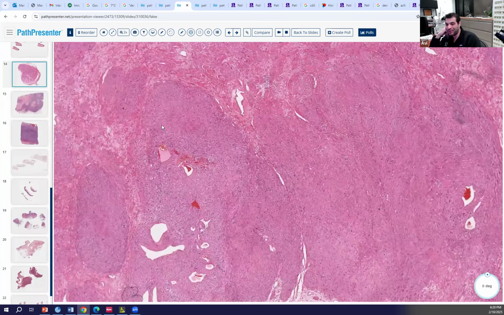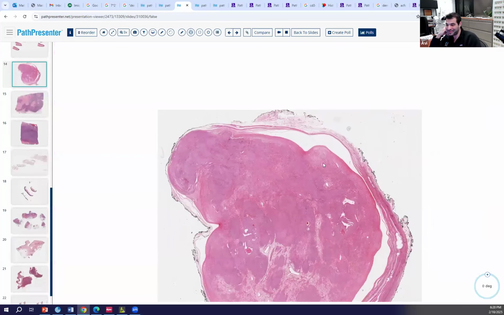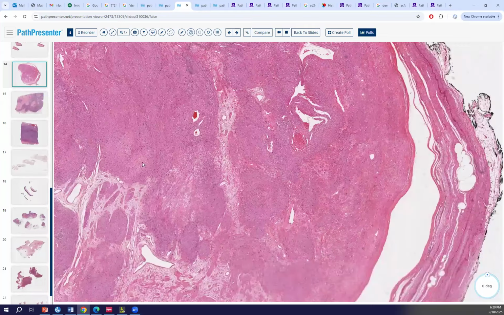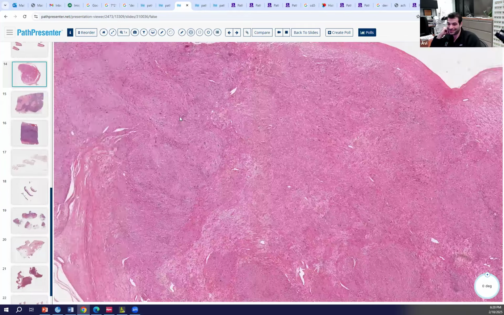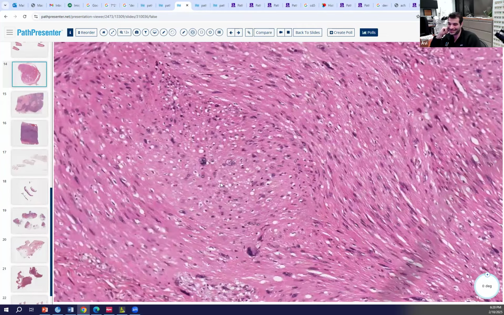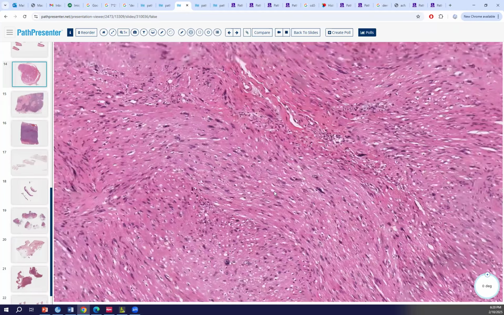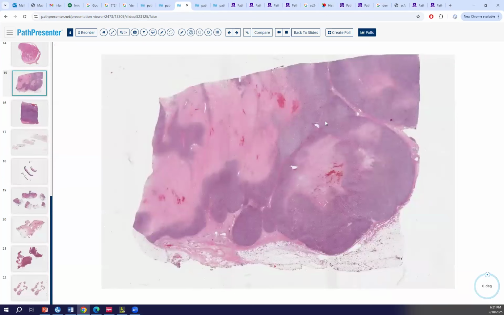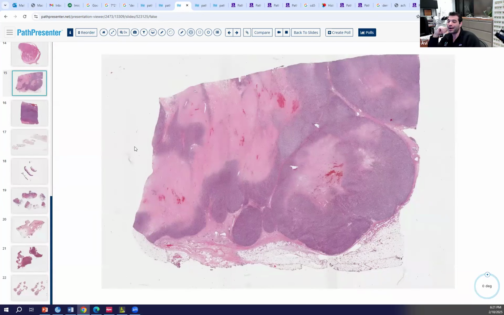Okay, just as a little point of review, capsule, with subcapsular edema, yes. And then it has ancient change. Ancient schwannoma. Low power, marbled appearance. Hypocellular and hypercellular areas.